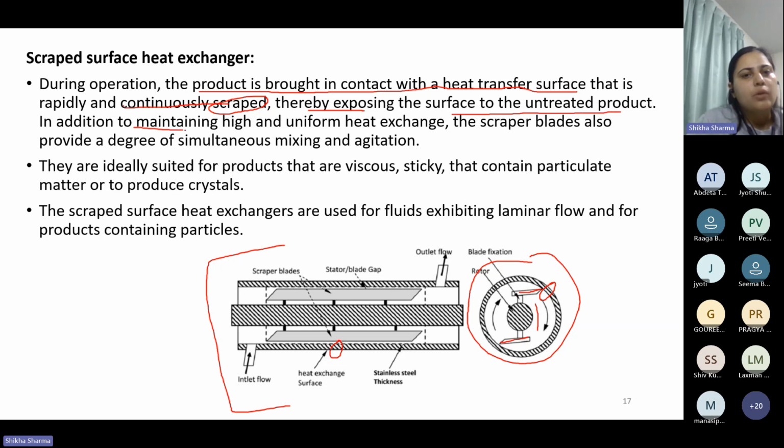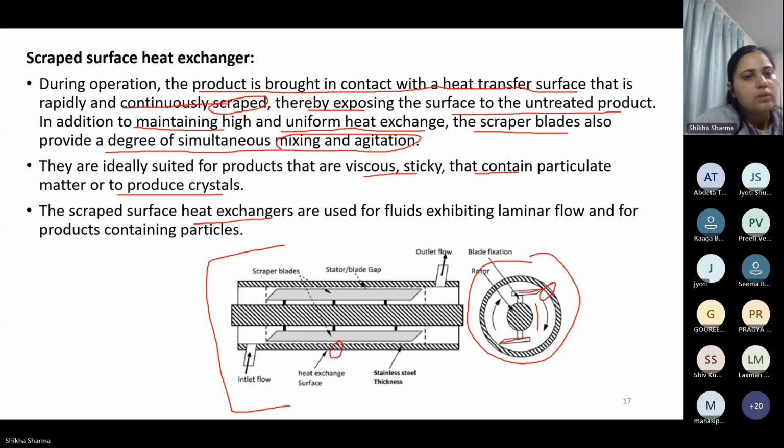In addition to maintaining high and uniform heat exchange, the scraper blades provide a degree of simultaneous mixing and agitation also. So we mix the product in the scraped surface heat exchanger. The product is mixed and agitated. Also, it is heated. So it is basically good for viscous, sticky products which have particulates and produce crystals.